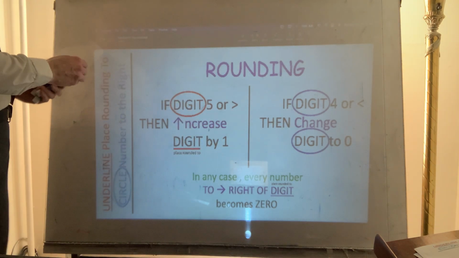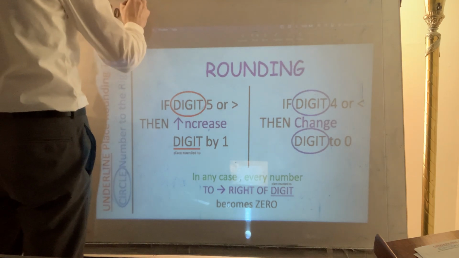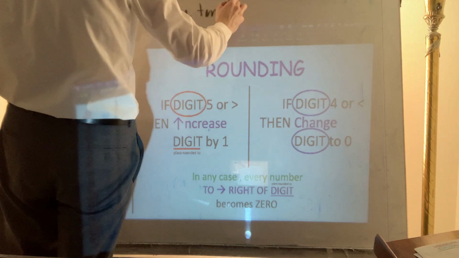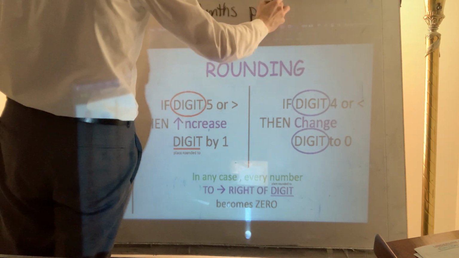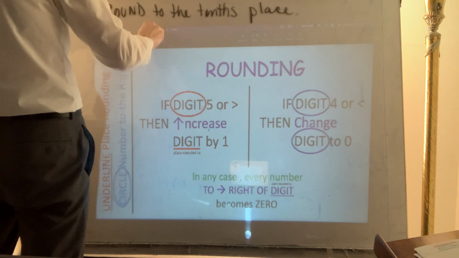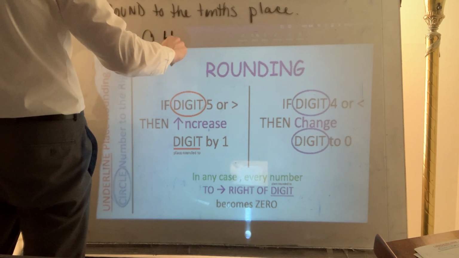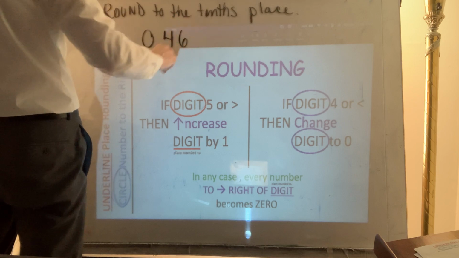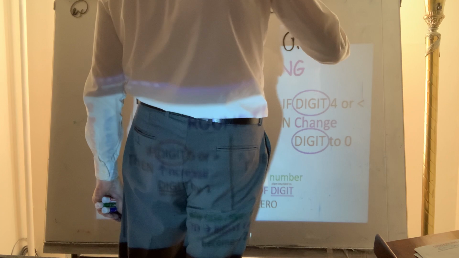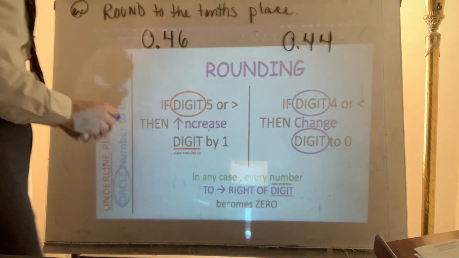So for example, suppose that I'm going to round to the tenths place. And I'll use these figures: 0.46, and then 0.44.